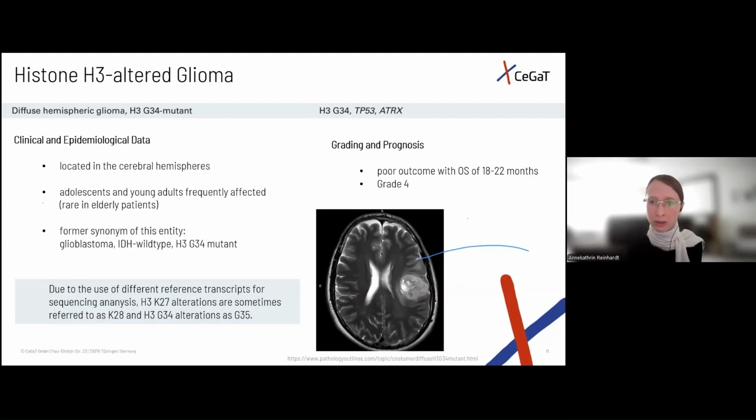According to the new WHO classification, they are called diffuse hemispheric glioma H3 G34 mutant. They are also known to have poor outcome with overall survival of 18 to 22 months, and are therefore also graded as WHO grade 4.